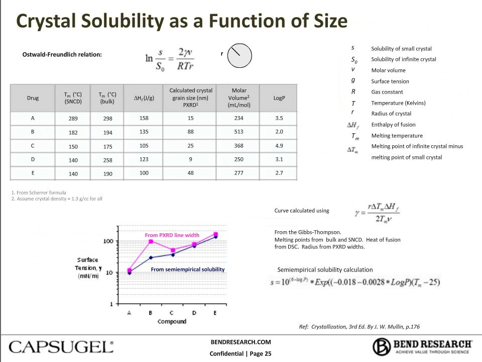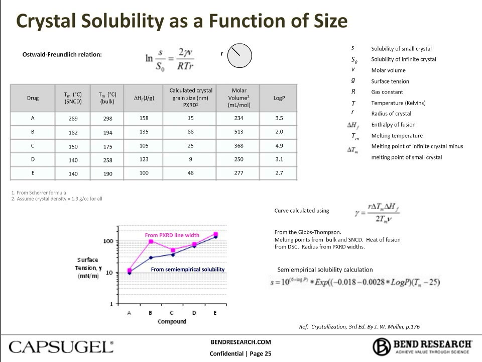I wanted to talk a little bit about solubility versus crystalline size, because it's discussed a fair amount in the literature and in the industry. The expected solubility of small crystals is often expressed in terms of the Ostwald-Freundlich equation, showing the predicted log of the ratio of nanocrystalline solubility to bulk crystalline solubility in the top of this slide, which is inversely proportional to the crystal size.